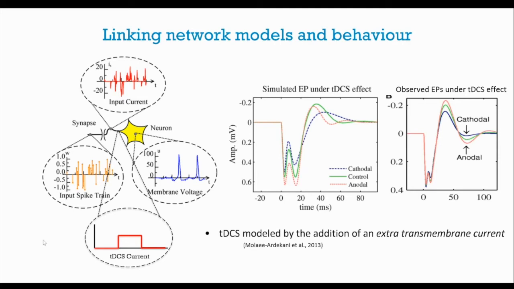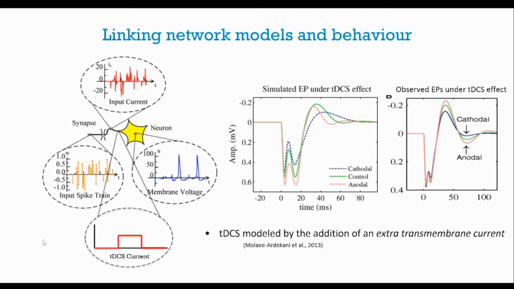What was nice in this study is that the authors then looked at sensory potentials in rabbits that were recorded from sensory cortex, to which they were able to apply different types of stimulation, so-called anodal and cathodal stimulation. And those sensory evoked potentials and their response to stimulation very closely resembled what these authors found in the model.